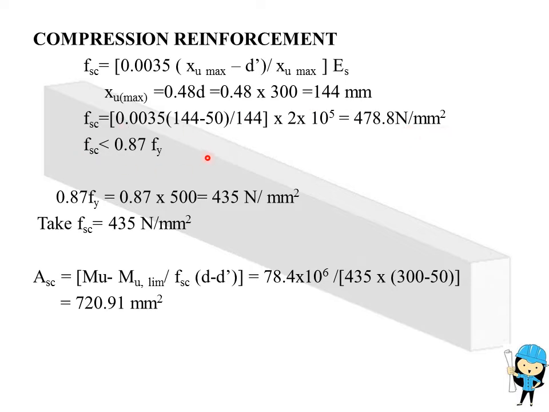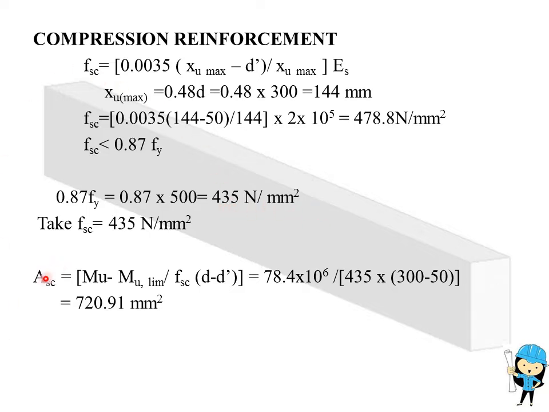So, we are going to check with this condition. FSC should be less than 0.87 of Fy. So, we are going to calculate the value of 0.87 Fy, which is equal to 0.87 into 500, that is 435 Newton per mm square, which is less than the value of FSC. So, we are taking the value of FSC as 435 Newton per mm square.